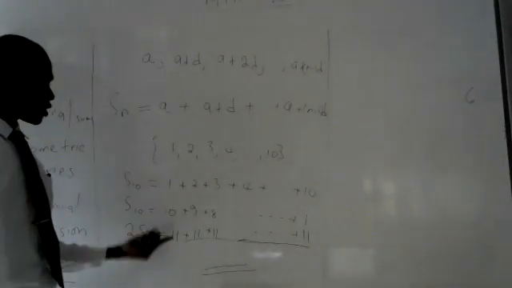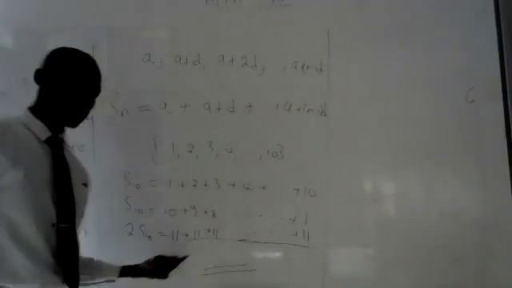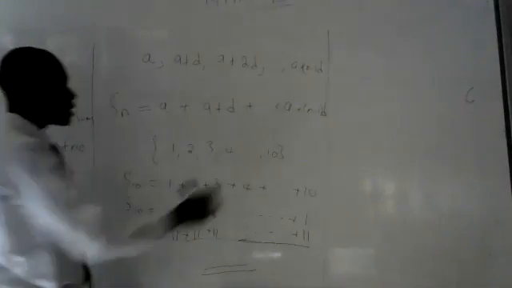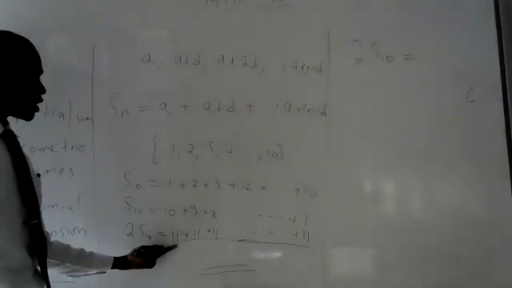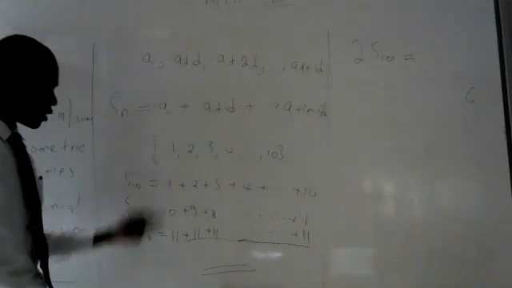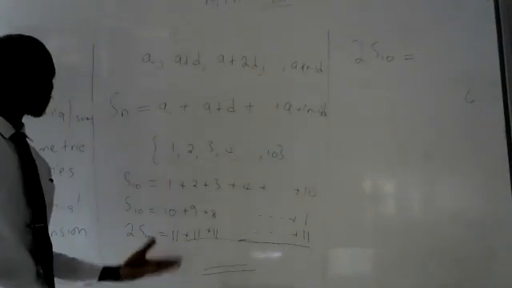Now, you notice that for each and every term, when you add them, you're getting 11. What you have here is that twice the sum of 10 terms is 11 added, and 11 appears how many times? 10 times, because you have 10 terms. So we just compute 11 times 10, because you're adding 11 to itself 10 times.